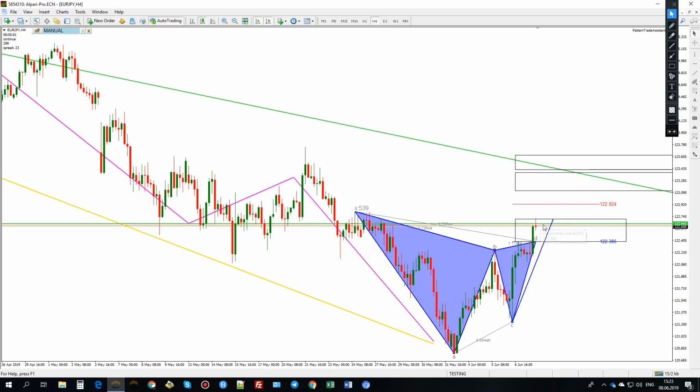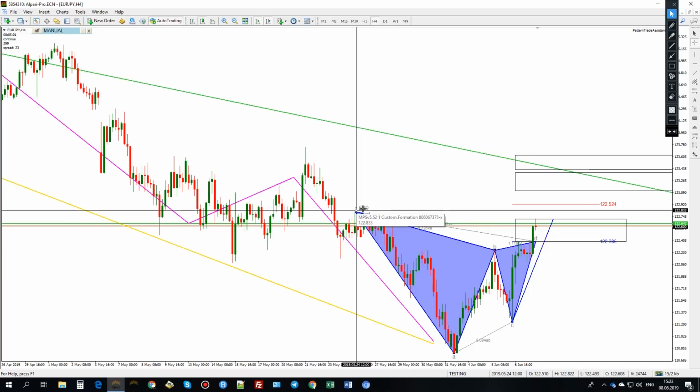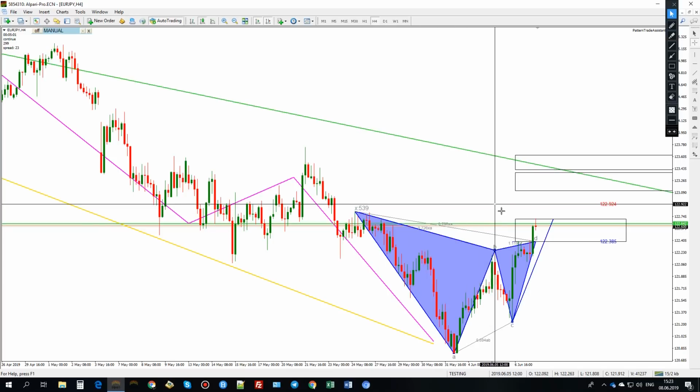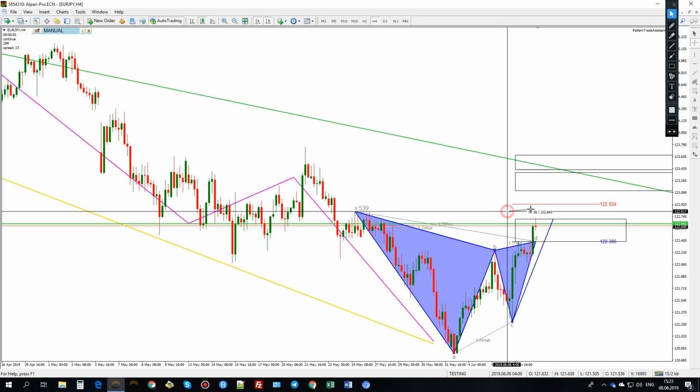Somewhere here we should start the reversal. So if reversal starts and it goes here, we can place our stop loss just at this level. Until it starts, we can place our stop loss above the X point, above the key resistance level. So I'm using 5% above the X point, and in absolute values it is 10 pips above the X point right now in this situation.